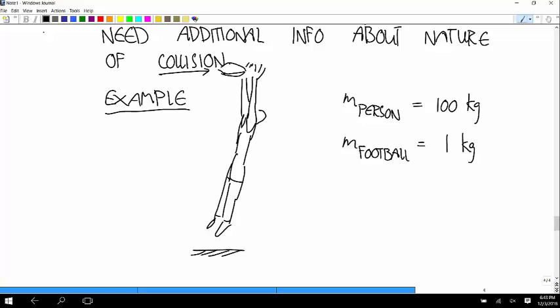And let's say that the football, right before the football hits the person's hands, is going, I guess, 15 meters per second.